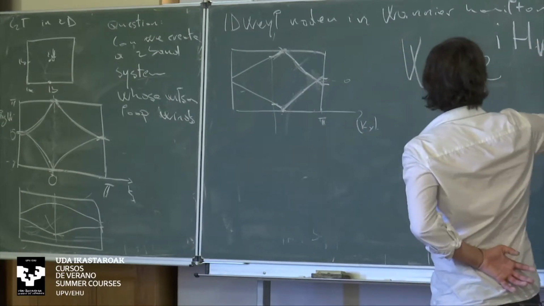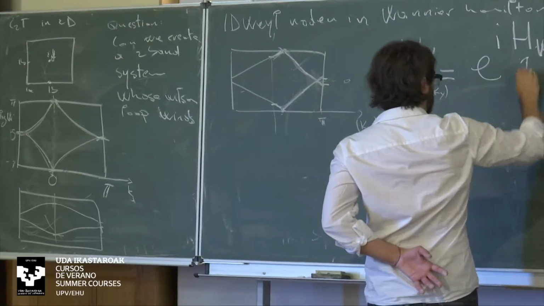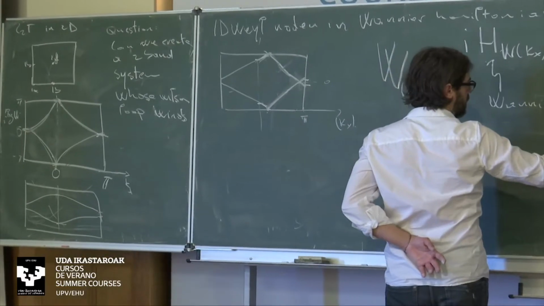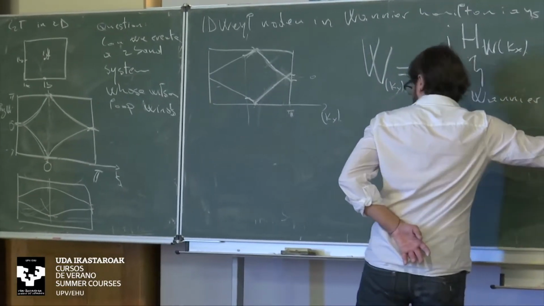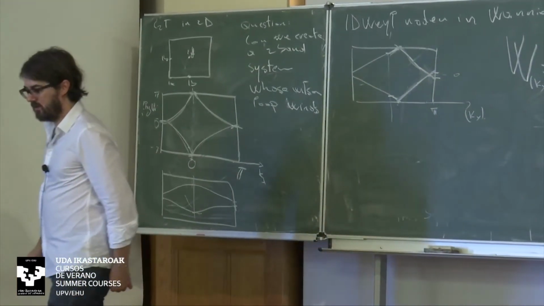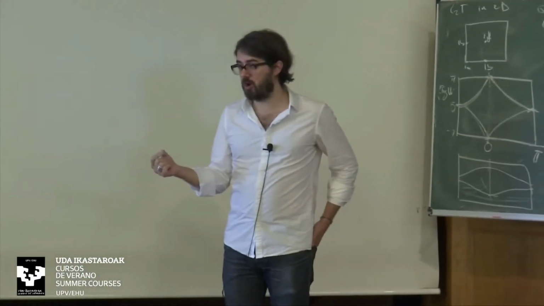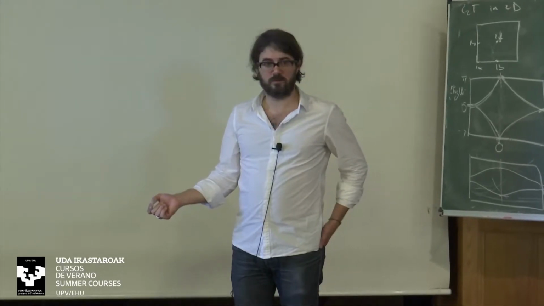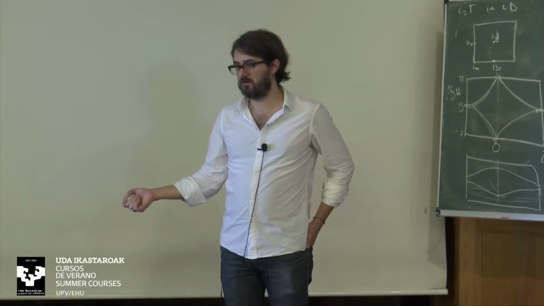And this, you can call it the Wannier Hamiltonian. But the way you should think of it is it's the Hermitian operator whose eigenvalues, mod 2 pi, are the Wannier centers.